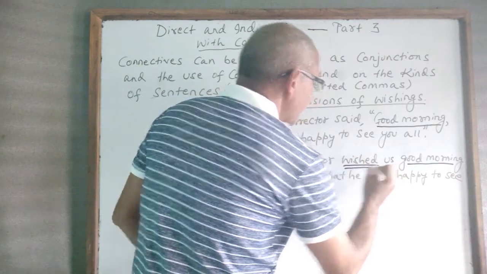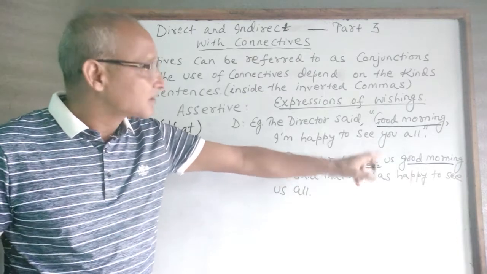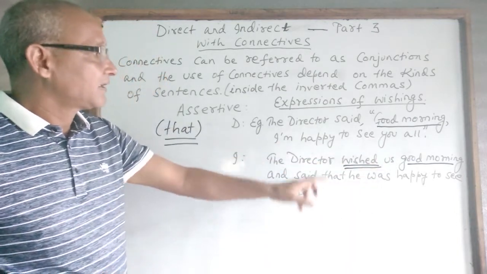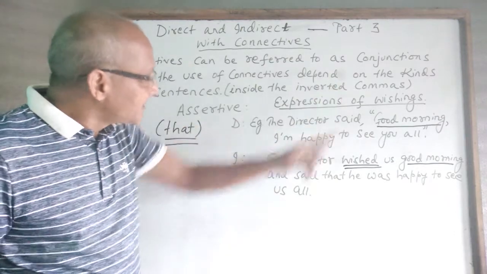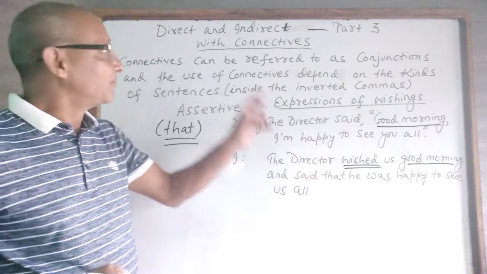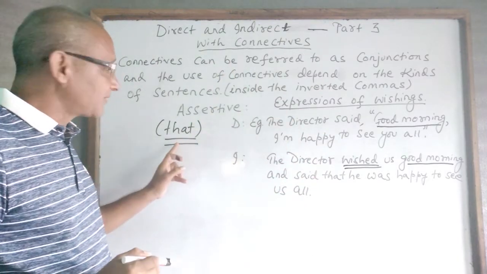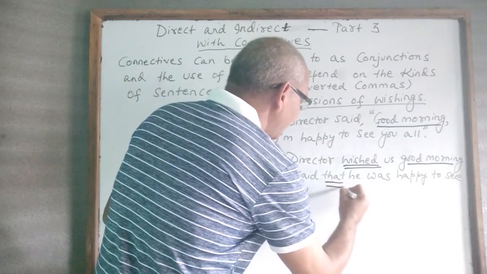The director wished us good morning and said that he was happy to see us all. This is how we change the assertive sentences from direct to indirect with the use of that. Here I have used that as a connective.